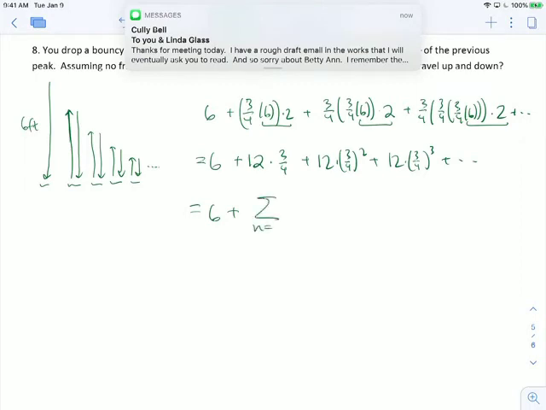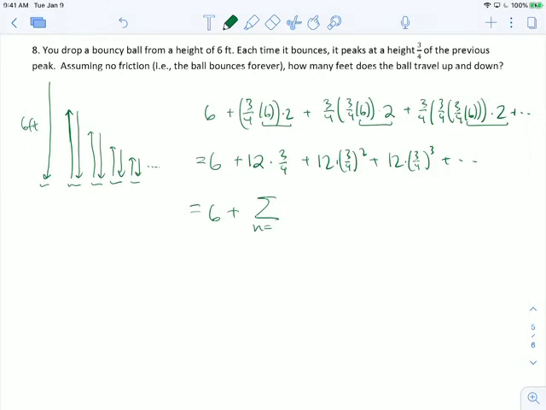So it looks like I've got 6 plus a summation. Well, let's do another step before I get to a sum. I've got 12 times 3/4, and that's 1 plus 3/4 plus 3/4 squared, and so on. So now maybe I can see this. 3/4 of 12 is 9, by the way.